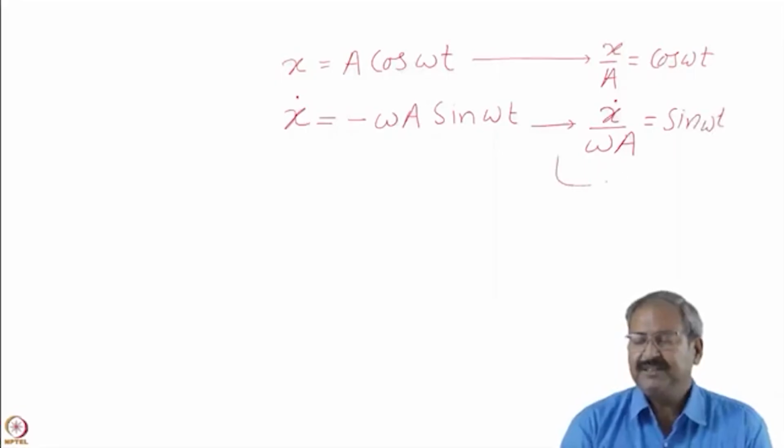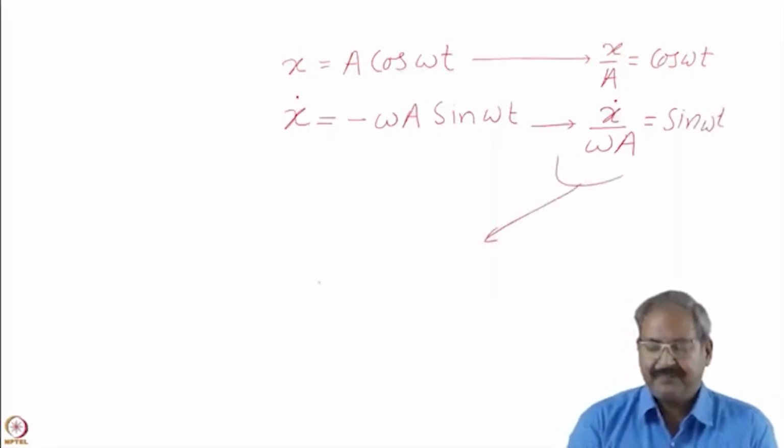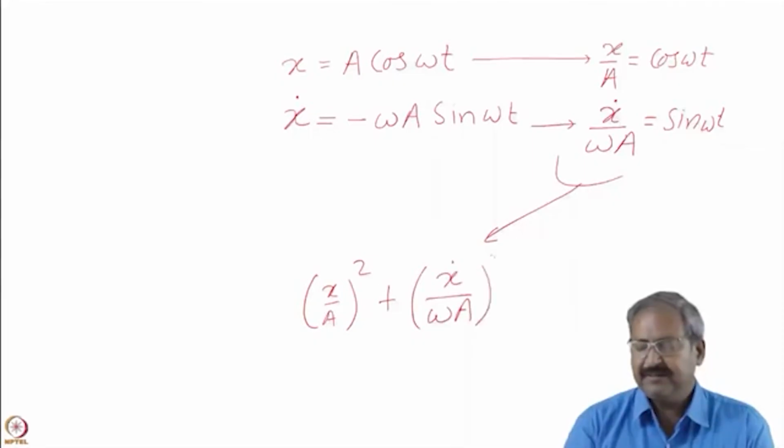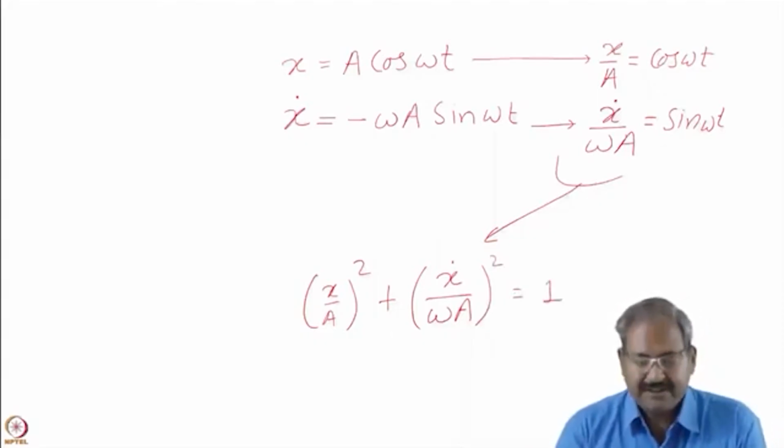So using these relations you can get (x by a) squared plus (x dot upon omega a) squared is equal to 1. So in coordinates x and velocity, you get an ellipse in the case of simple harmonic oscillator. Can we get such kind of any curve in the case of Betatron oscillations?